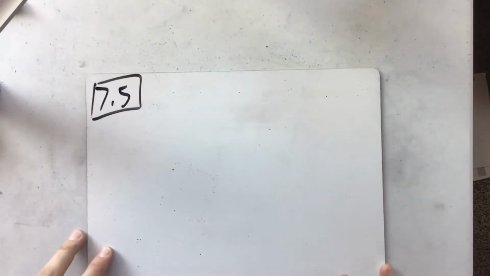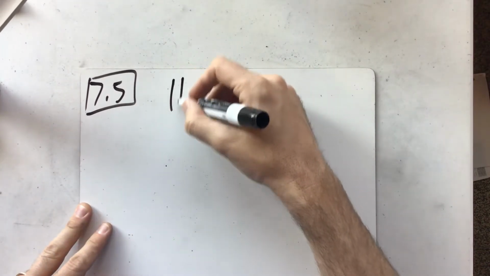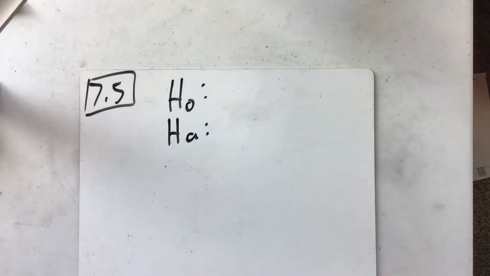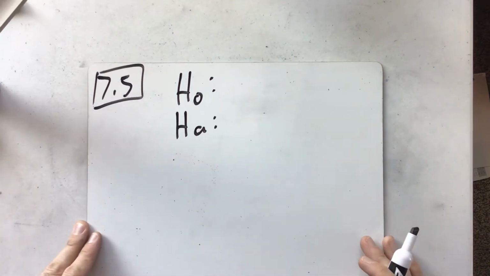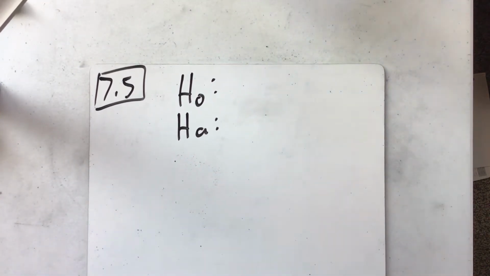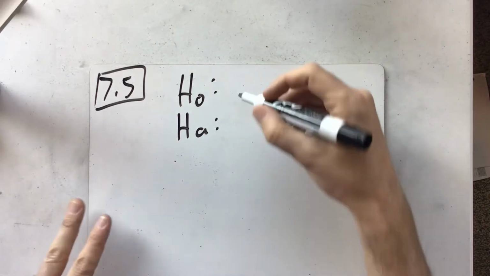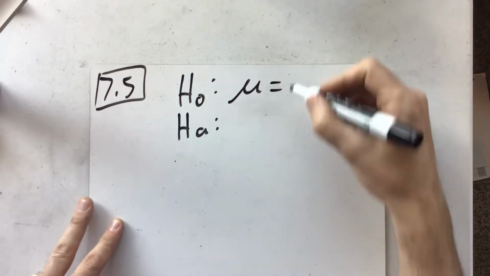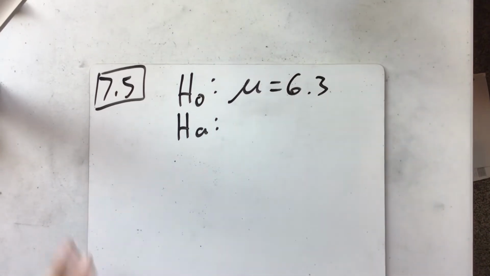The first thing you'll notice is that with our hypotheses, we're trying to compare our flies to what we know is the size of flies nationally. So how big are flies normally? If there is no difference between our flies and all other flies in the world, then our flies are going to have a mean of 6.3 millimeters.